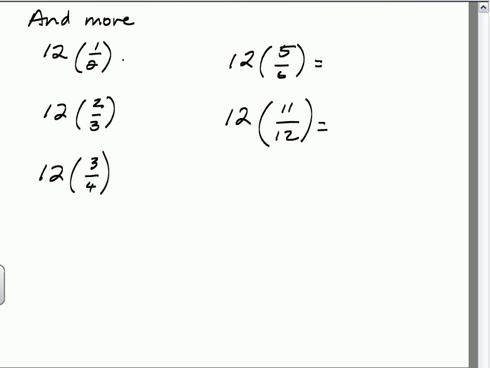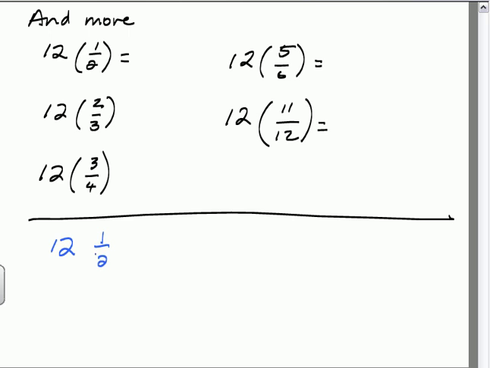Let's take a look at that a little bit more. I'm going to ask you to multiply these out: 12 times 1/2, 12 times 2/3, times 3/4, times 5/6, and times 11/12. Let me help you with that. We're going to do it a little bit more slowly here, and I'll do my work in blue. 12 times 1/2.